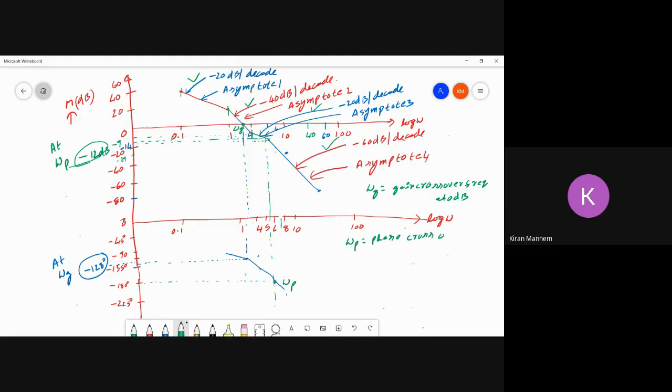If you have any questions, you can ask. So you'll get approximate values, no problem.